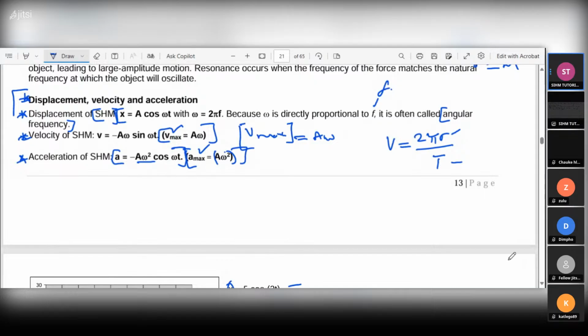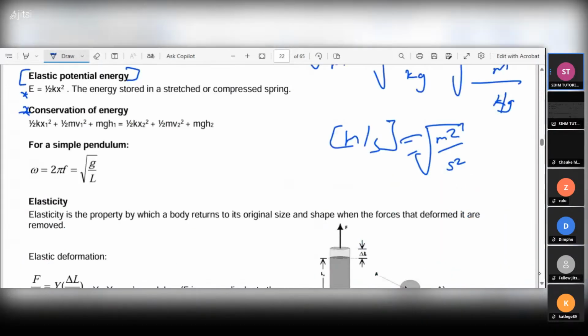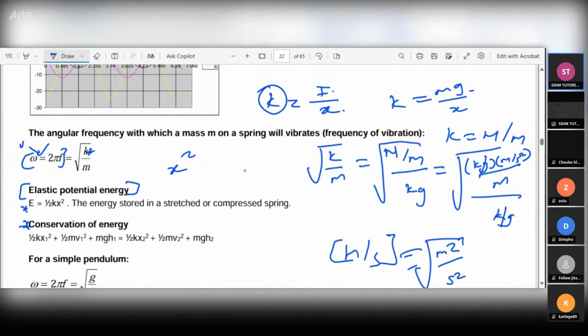And from that part, they also give you the mass. Remember here on this part, they say the angular frequency with which a mass m on a spring will vibrate, and the frequency of vibration.